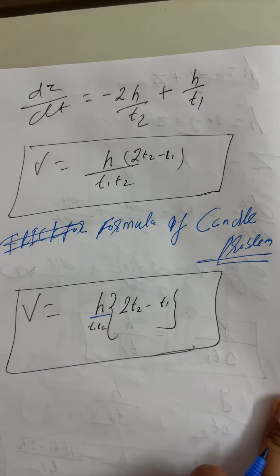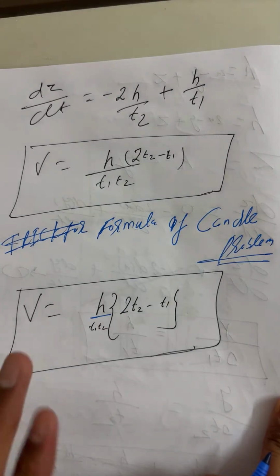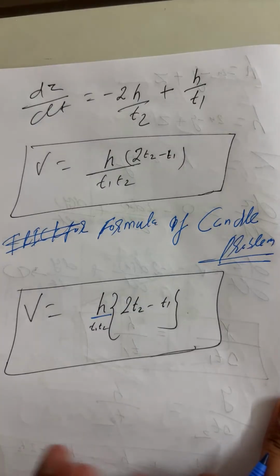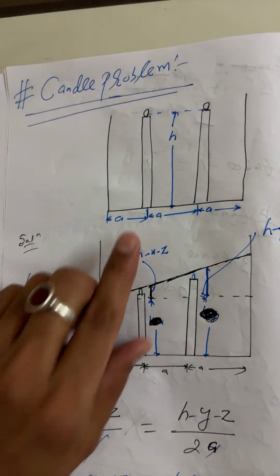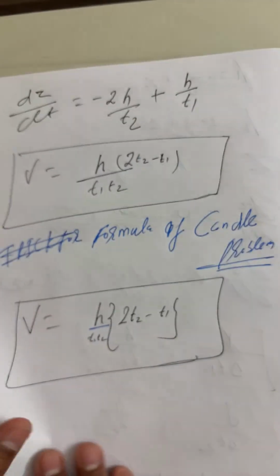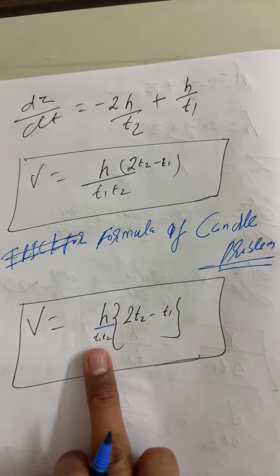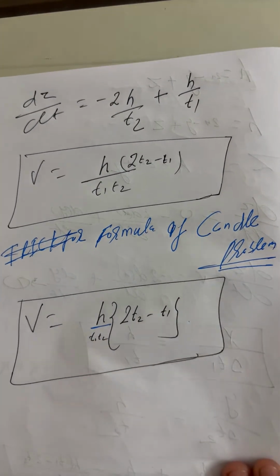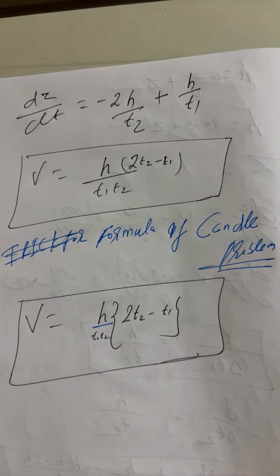It's a strong recommendation, but there is a condition: if both candles have identical height and the separation and everything is common like in this numerical, then you can easily apply this formula. V is h upon t1 t2 into twice of t2 minus t1.